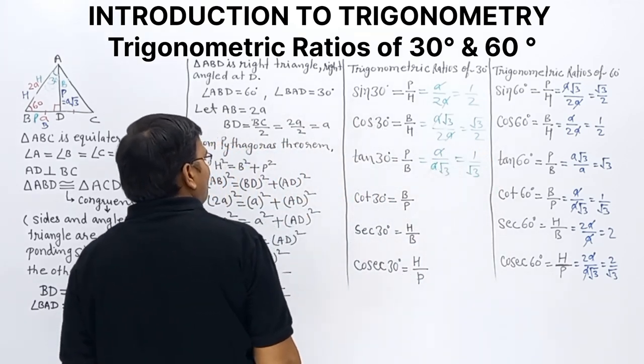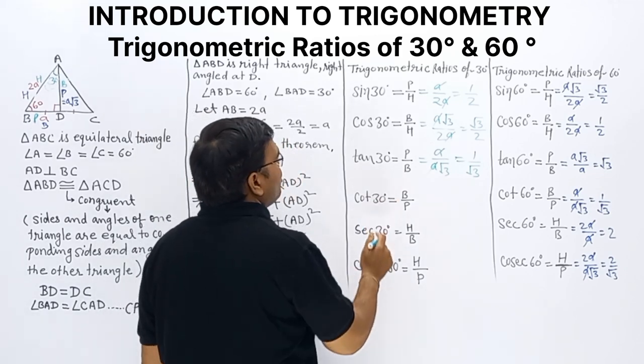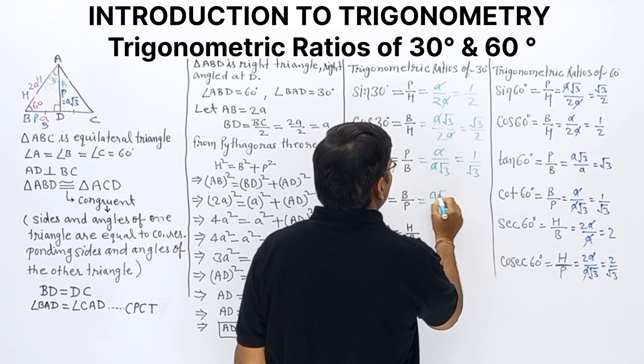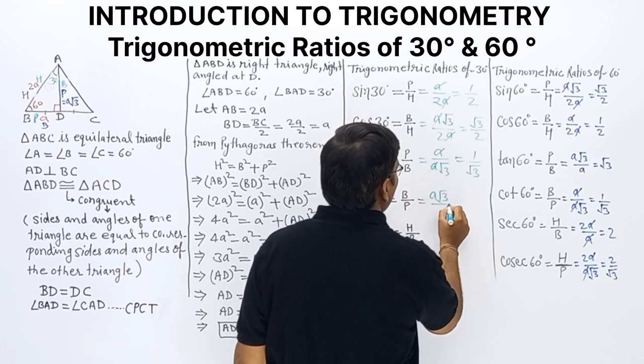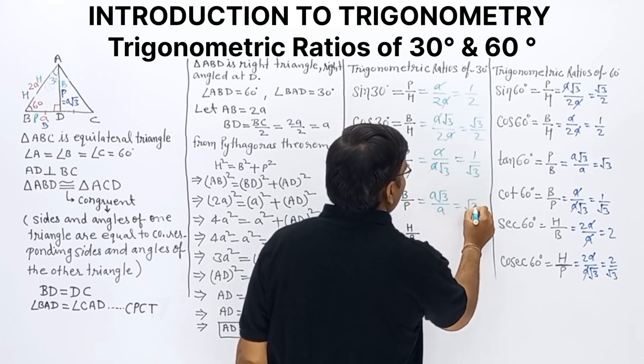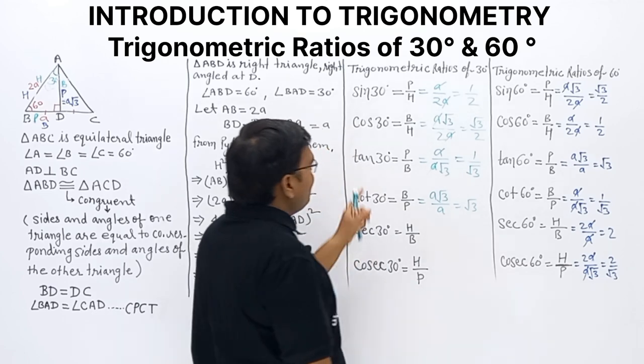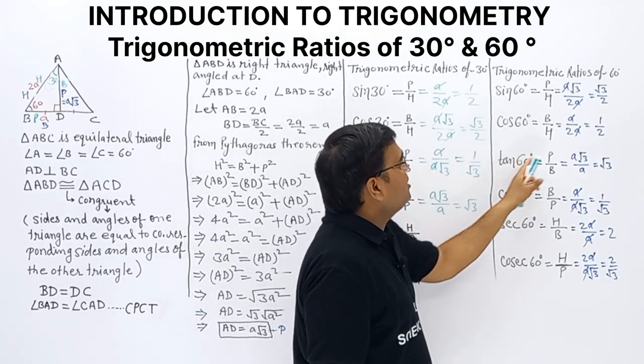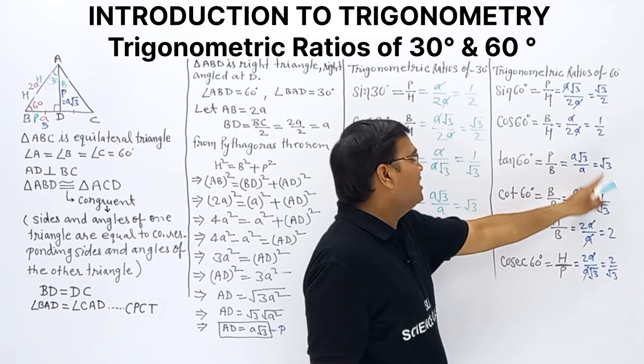Now next one, cot 30, its reciprocal. So we can say B is A square root of 3 upon A, and result will be this one. Clear? So tangent 30 is 1 upon square root of 3, tangent 60 is square root of 3.